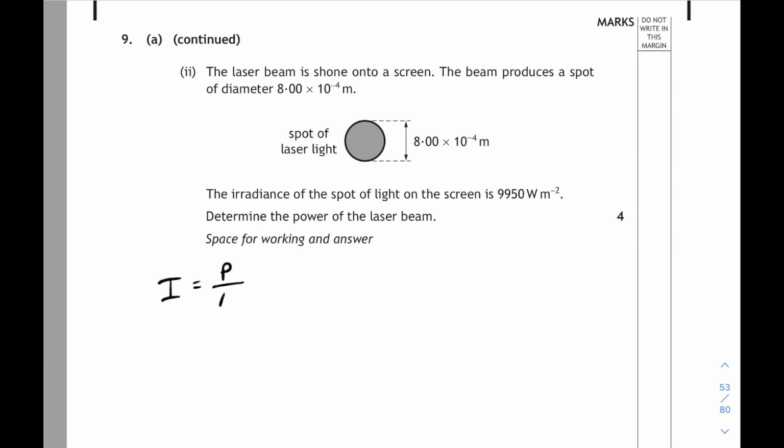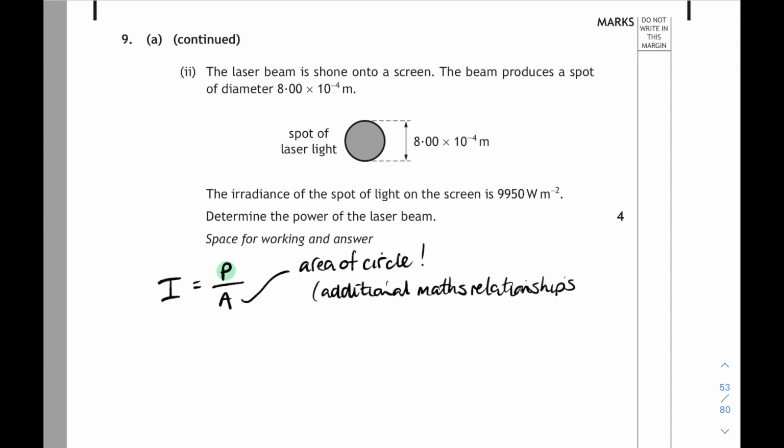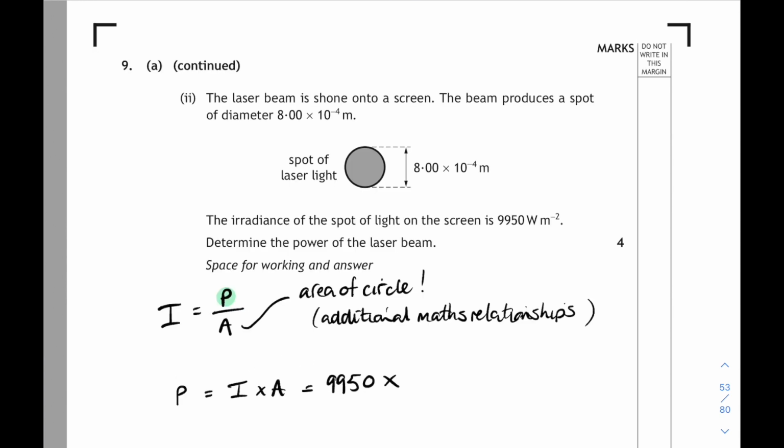Straight to the relationship sheet, irradiance is power over area. If we want the power, then the area of that circle, well, the area of a circle is in your additional maths relationships at the back of your relationship sheet. The area of a circle is pi r squared, remember? So P equals I times A. The irradiance was 9950, and the area of your spot is pi r squared.